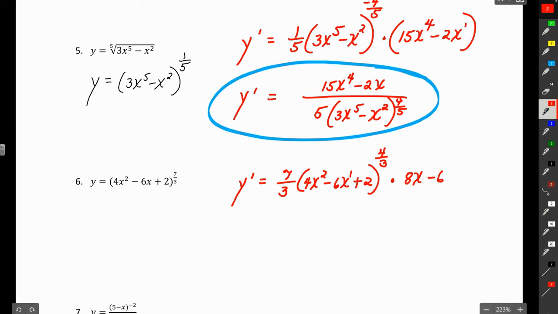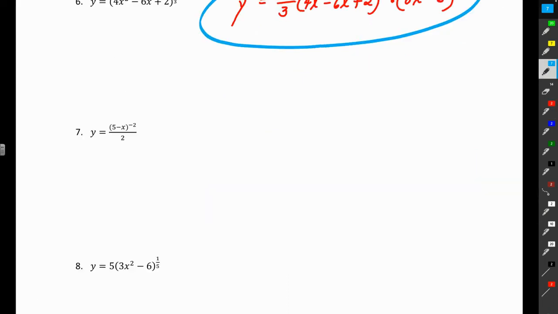And then we'll have 1 minus 1, we'll have x to the 0 power, which is just 1, so we'll have minus 6 for the derivative of the second term, and then plus 2 is a constant, the derivative of a constant is 0. And that's it, we just leave it like that. There's nothing to move, we don't have any negative exponents, there's nothing to really simplify, so we're done.